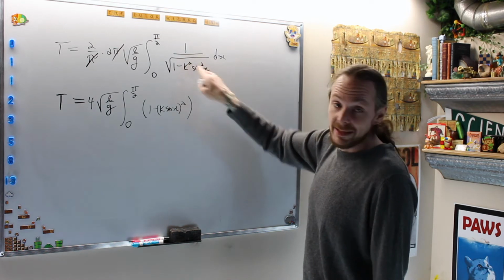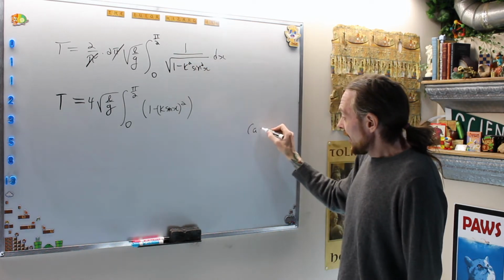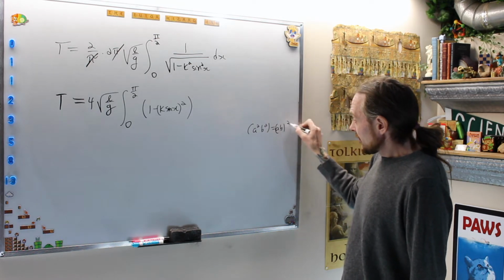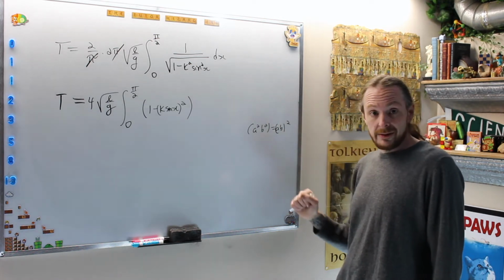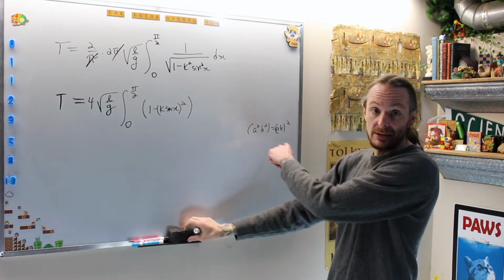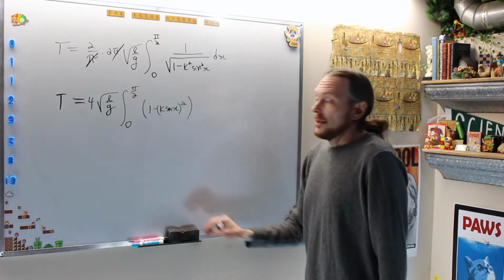I can combine those guys. What I just did was a squared b squared is ab squared, an exponent law in reverse. Oh, look, they're everywhere. Doesn't matter what you have, the rules never change.